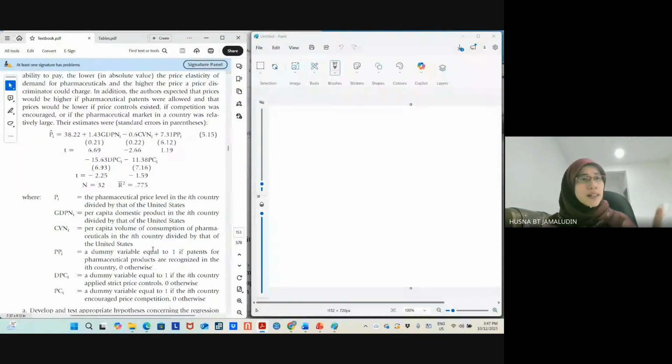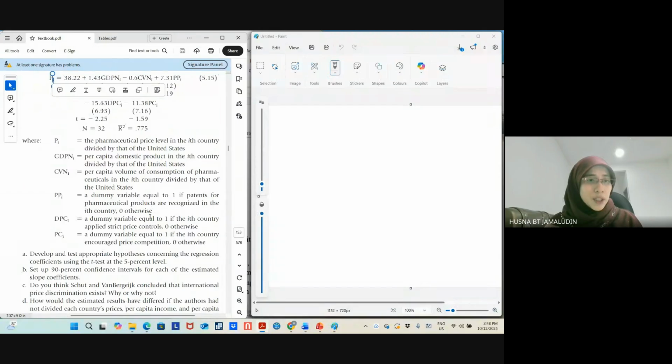So somehow the expected signs follow whatever you estimated. Let's look at the R bar square. 77%. This is cross-sectional, so for cross-sectional, this is a good estimation. So you are happy with the equation.